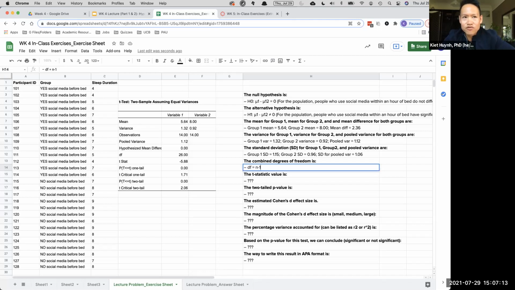Each group has 14 people, so the degrees of freedom in one group is 13, because 14 minus 1 is 13. The degrees of freedom in the second group is also 13. And when you combine them, this is the combined degrees of freedom. 13 plus 13 is 26. That's how we get that number. So df equals 26.